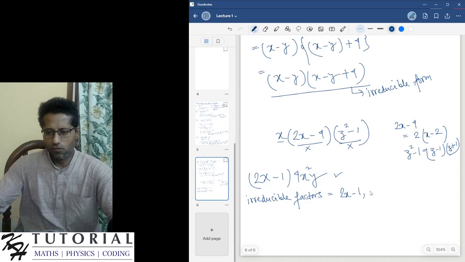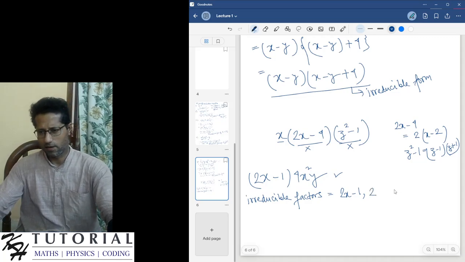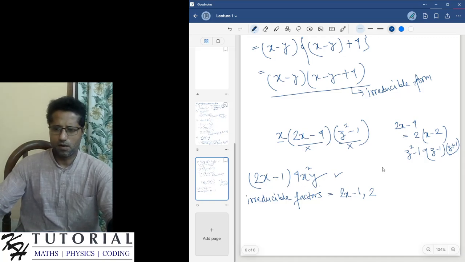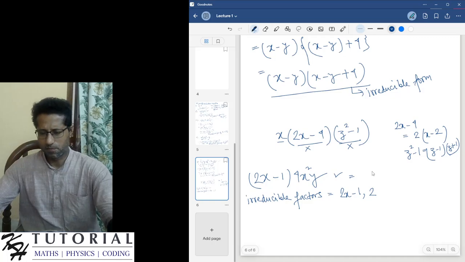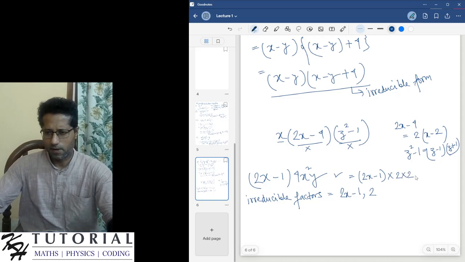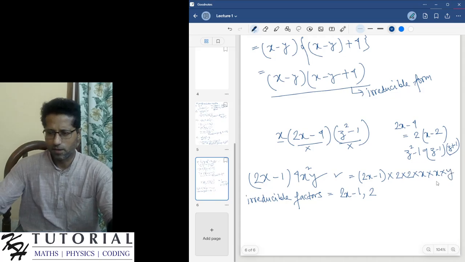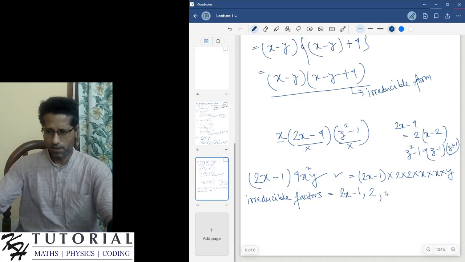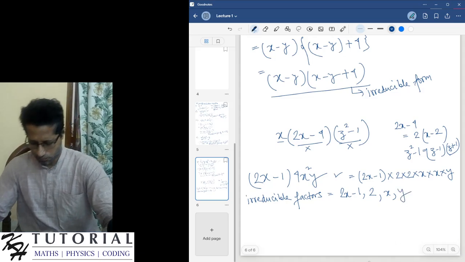Also, you will have 2, because 4 will be 2 multiplied by 2 in the irreducible form. This expression in irreducible form will be 2x minus 1 multiplied by 2 multiplied by 2 multiplied by x multiplied by x multiplied by y. So the irreducible factors of this algebraic expression will be 2x minus 1, 2, x, y.